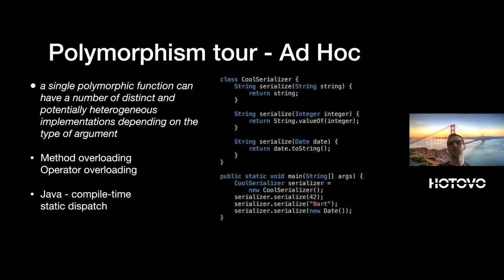So it's not super flexible. I'd like to point out that this is compile time static dispatch in Java, which means that at the time of compilation, the compiler decides which method is called, and then it's already written into the bytecode.